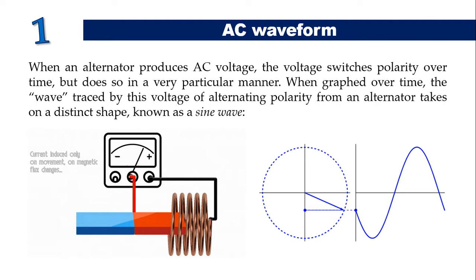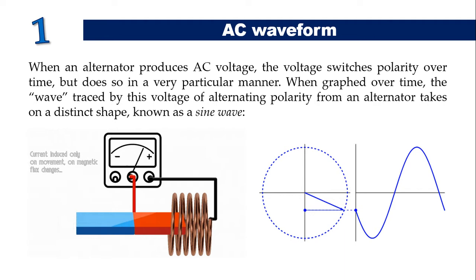When an alternator produces AC voltage, this voltage switches polarity over time. You can see that in the figure. Of course, the same goes for our current. So this waveform changes polarity over time in a particular manner.